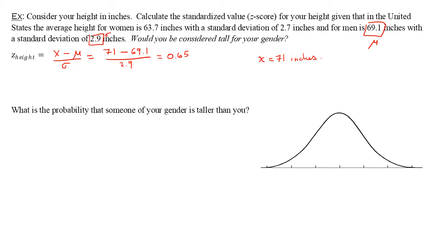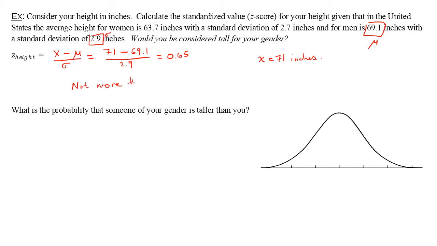And in my case, I would not necessarily be considered tall for my gender, even though my height is above average. It's not more than 2 standard deviations above the mean, in which case it's not necessarily an unusually high value, right?